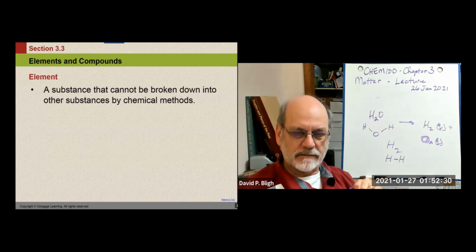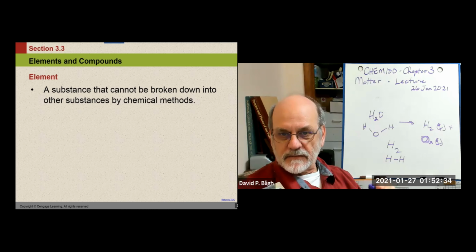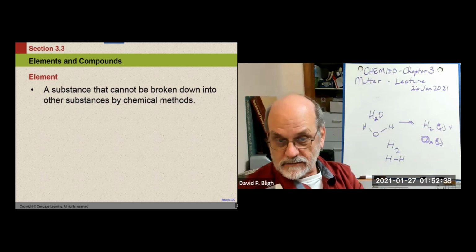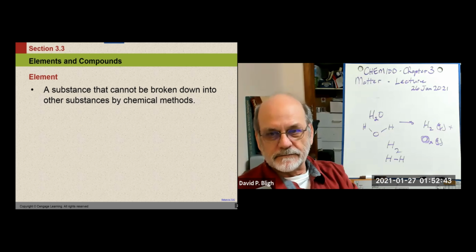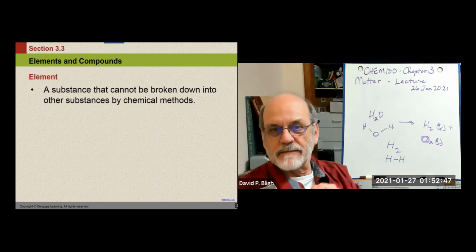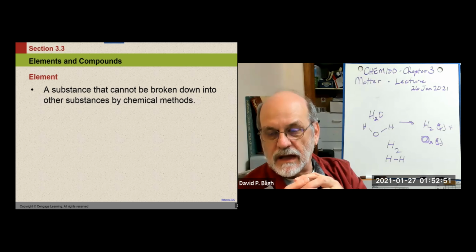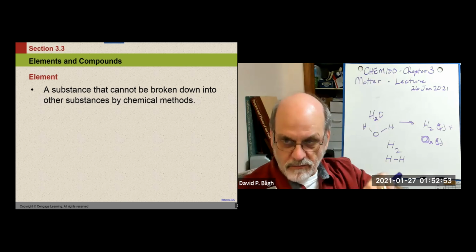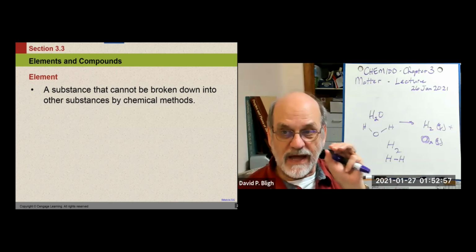Now, what's an element? An element is any substance, it's matter, and if we take a sample and we keep subdividing it, breaking it in half, half, half, half, eventually we get down to individual atoms.